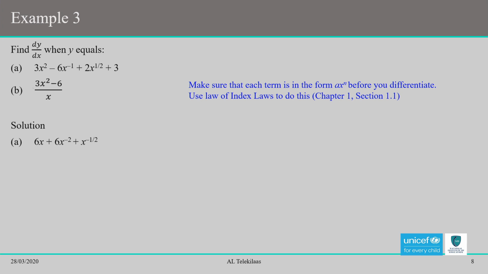First, we can split this into two fractions. When the denominator is a single term and the numerator has many, you can always split the fraction into a sum or difference of terms. If you do that in this case, you get 3x squared divided by x minus 6 over x.